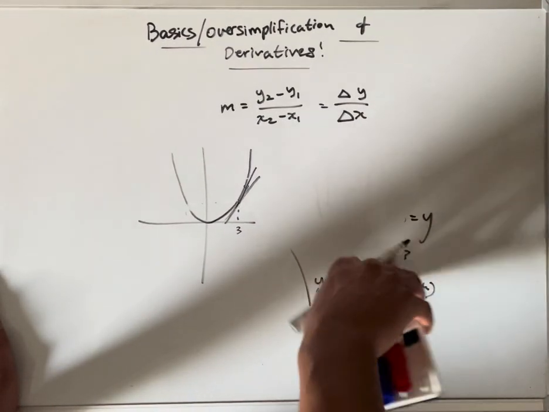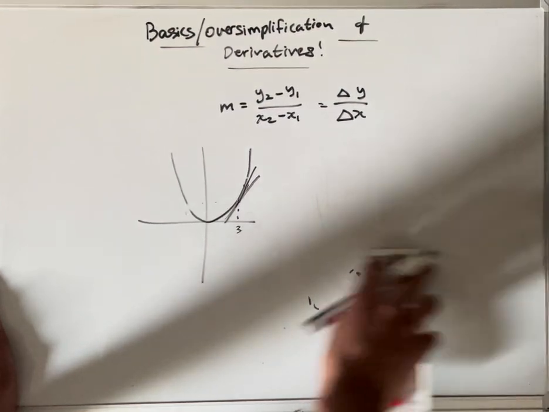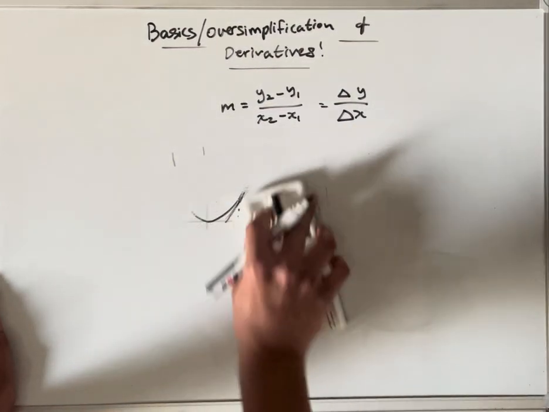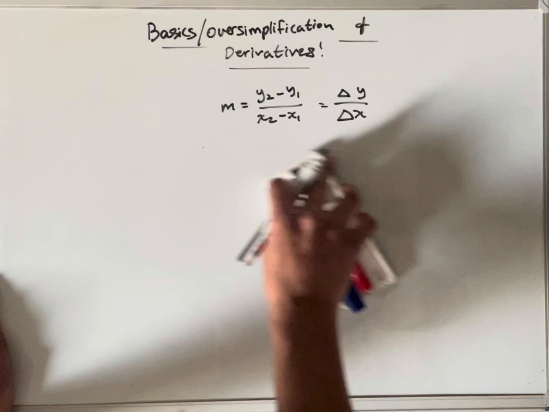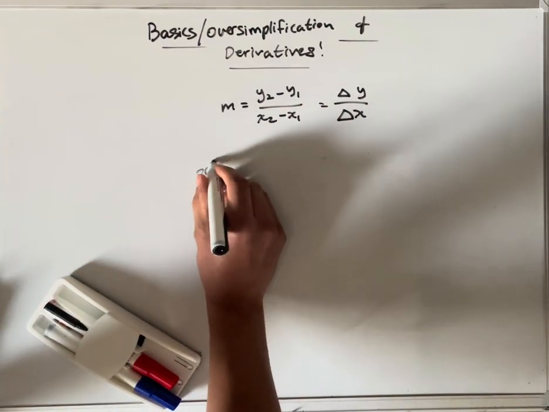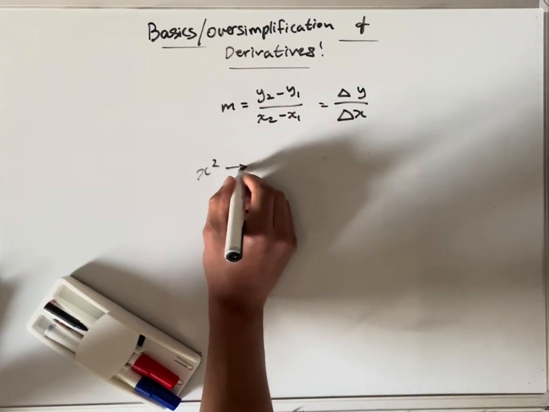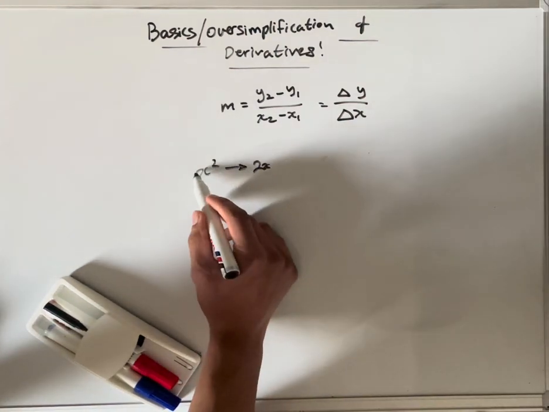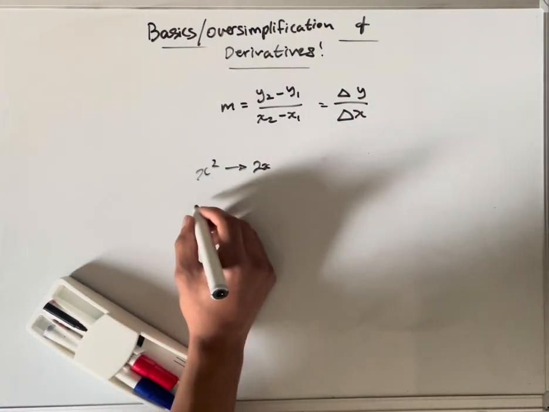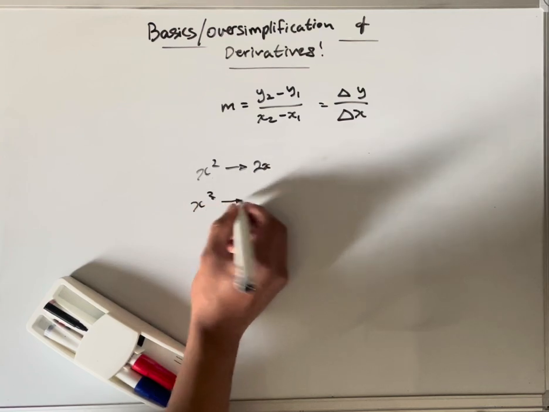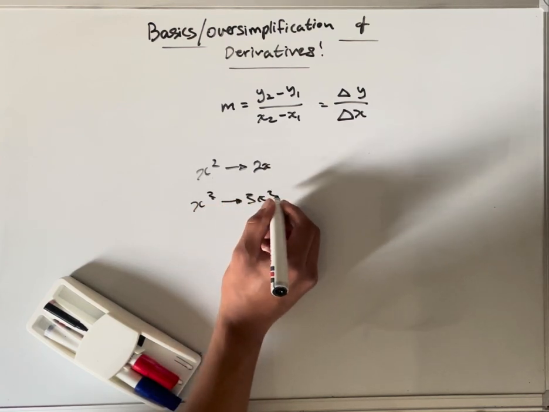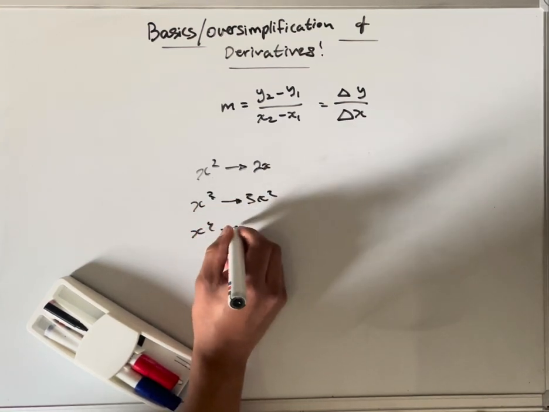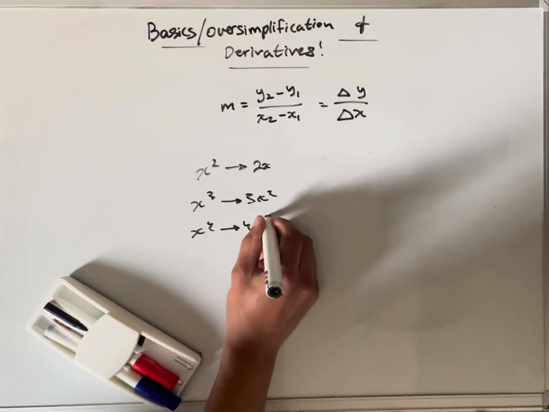And so the simple rule to derivatives, especially for exponents, like x power 2, is that it becomes 2x. If you see a pattern, it's that the 2 goes down. But there's more to it. You see, x power 3 becomes 3x squared. X power 4 becomes 4x cubed.